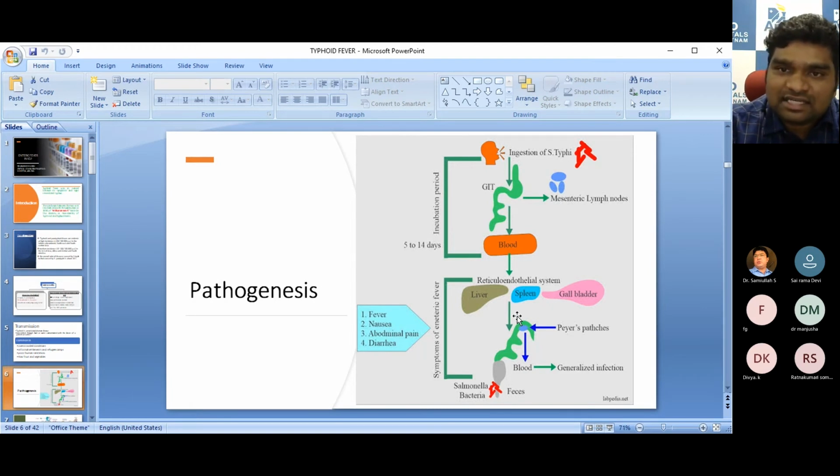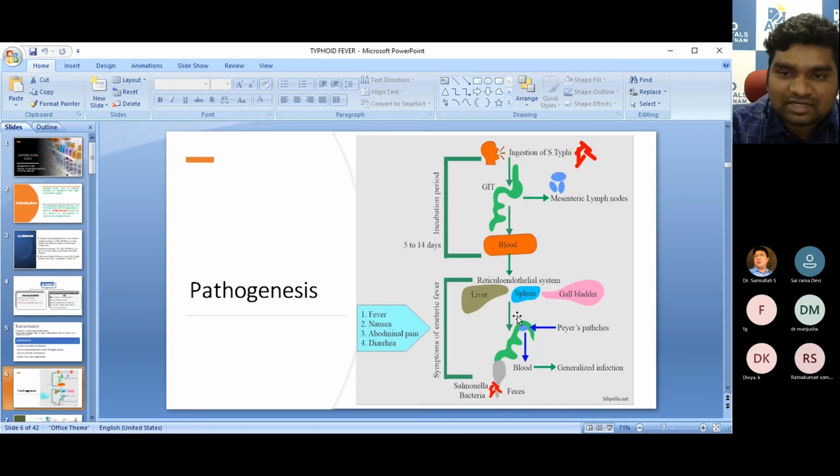It affects the GIT, then enters the blood and mesenteric lymph nodes, and enters the reticuloendothelial cells, liver, spleen, and gallbladder, from where it re-enters the GIT, and there the complications appear.